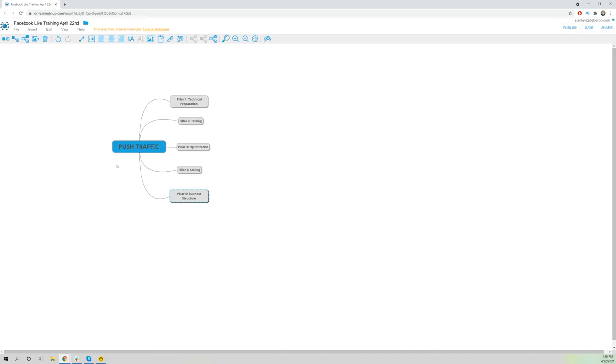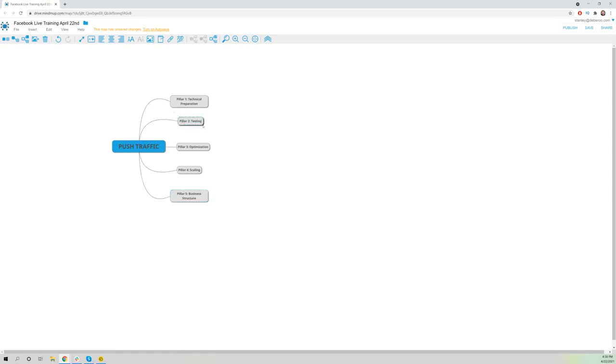And then we also have some parts about the business structure which are really more a part of the CEO of the company, right? The big boss of the company. You definitely want to have good business structure within your business, which might not be very applicable to you if you're just an employee.